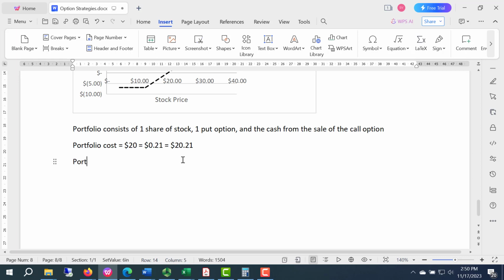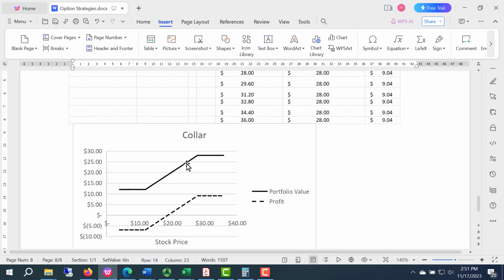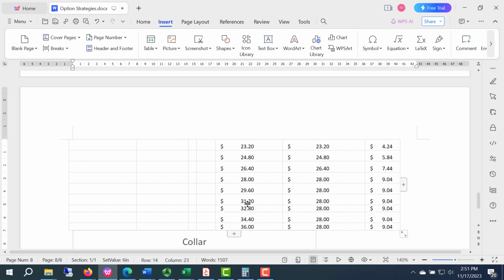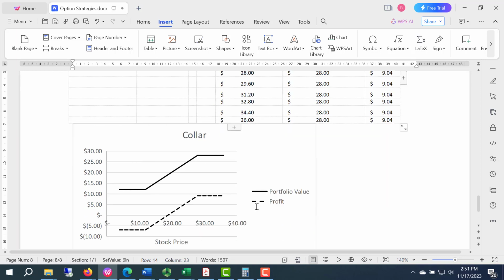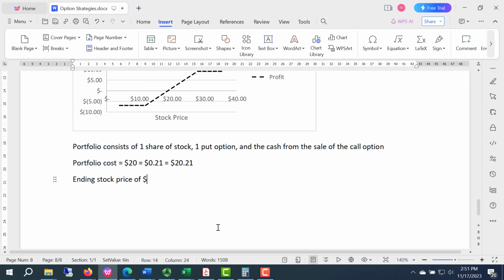The portfolio value, and so let's go ahead and choose an ending stock price of, I'll pick one of them that I've got here, $32.80. So the ending stock price is $32.80. Our portfolio value then is going to be worth the one share of stock that we own, $32.80.